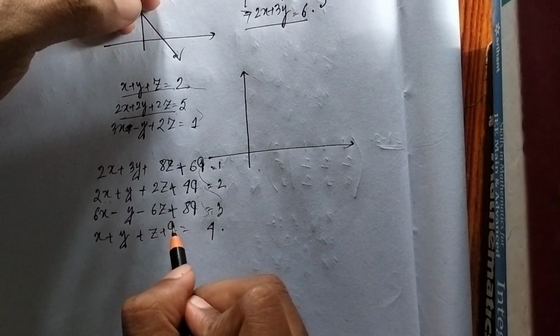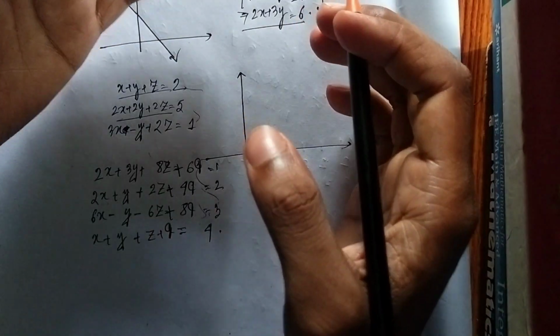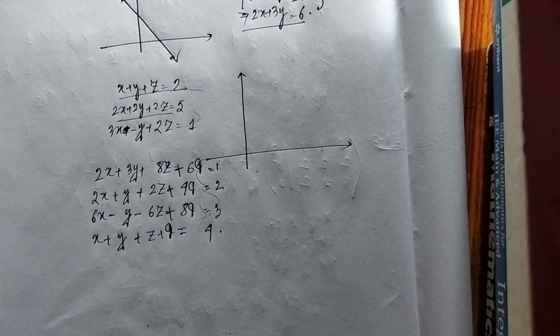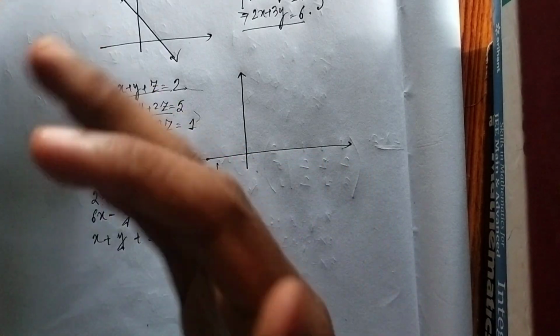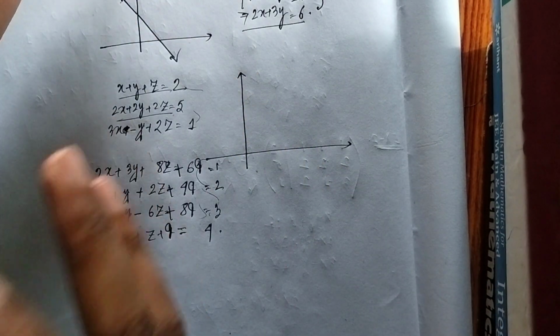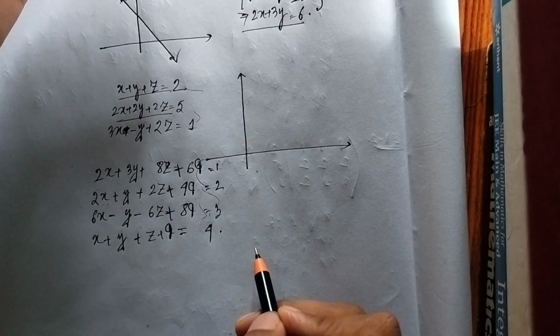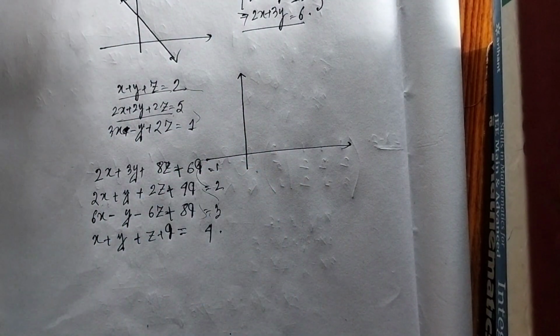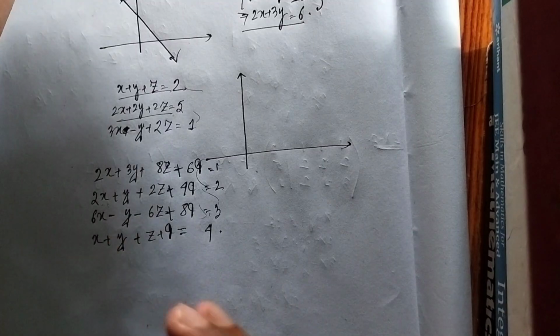If this happens, what will the picture be, what is actually happening? That means the concept of 4D arrives here. So we cannot draw the picture, but we can visualize what is happening. You can also visualize this. I will try to explain it in my next video.